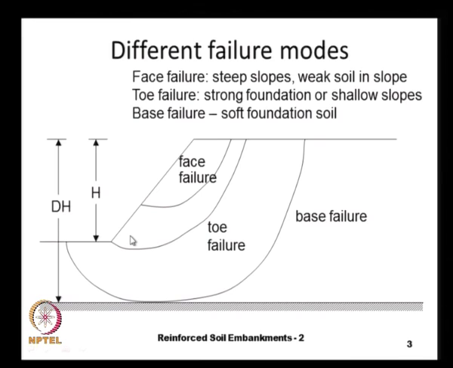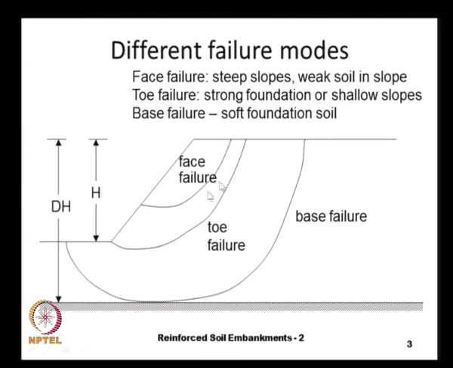As you may recall from your other geotechnical engineering courses, these are the different types of failures that we can have with slopes. Let us say that you have a slope of height h, and there are three possible modes of failure. One is the face failure. The face failure happens in the case of steep slopes, or if the embankment is formed with a relatively weak soil.